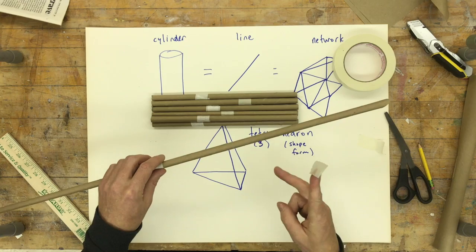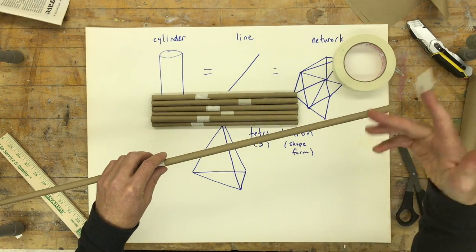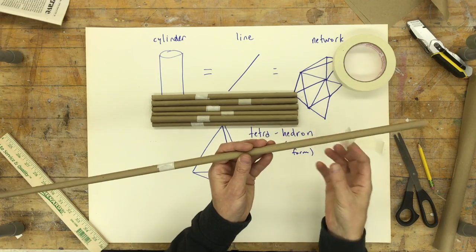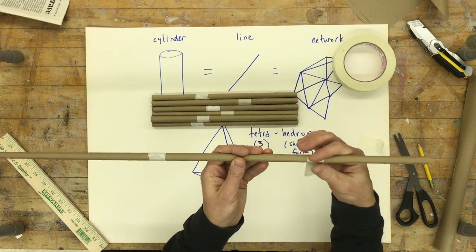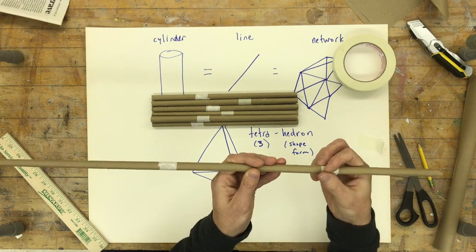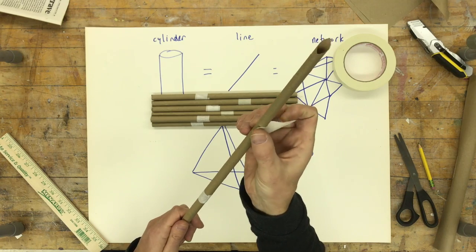You'll notice when we cut the end here, when we cut that, it unfurls. But if we would like to, we can add tape in certain places.